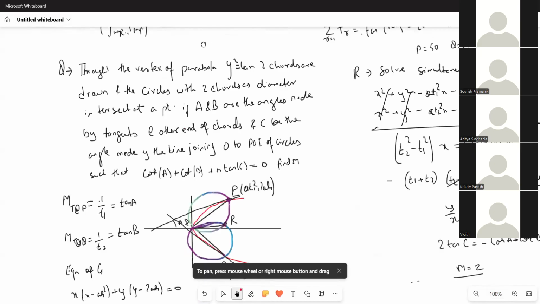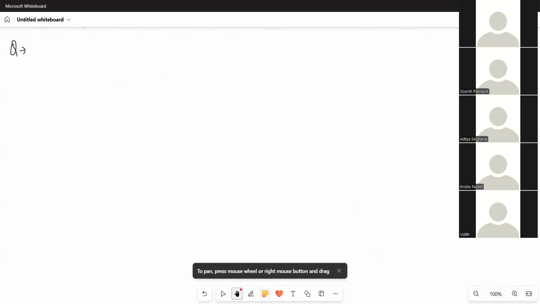Okay, let's continue. So we were doing the question that alpha, beta, gamma be the roots of x cube minus 2x square plus 6x minus 1 is equal to 0.